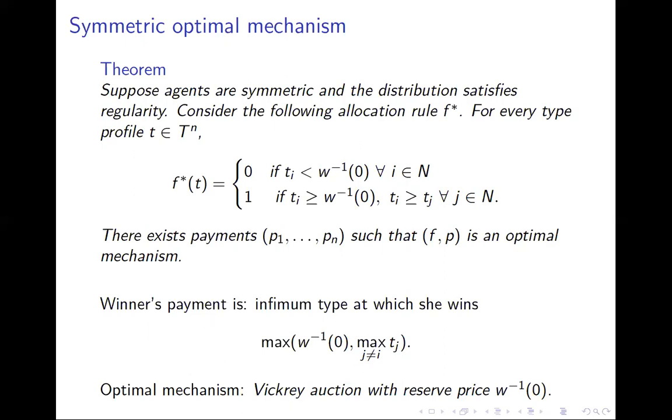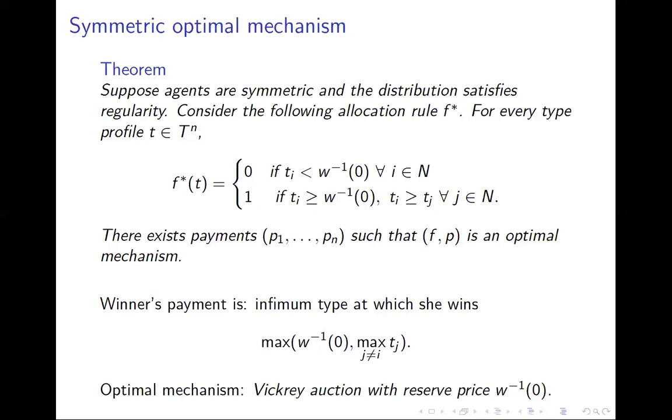But this is exactly a Vickrey auction with the reserve price W inverse 0. Okay, so at least when the agents are symmetric and the distribution satisfies regularity, the optimal mechanism is just a Vickrey auction with a reserve price W inverse 0. That is, if everybody has value below this reserve price, nobody wins.